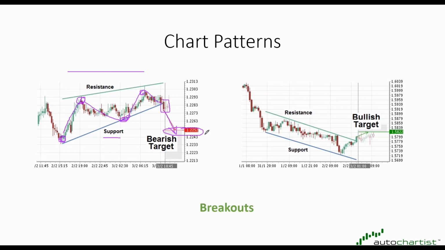It was initially called Dow theory. More recently, it was renamed to the theory of chart patterns, which is a subsection of technical analysis. But AutoChartist is not anything new in the market. In fact, it's probably one of the oldest techniques used to understand and analyze financial markets.